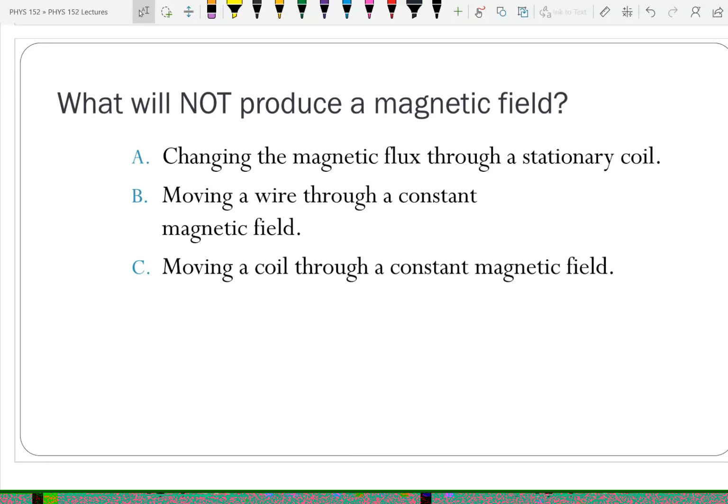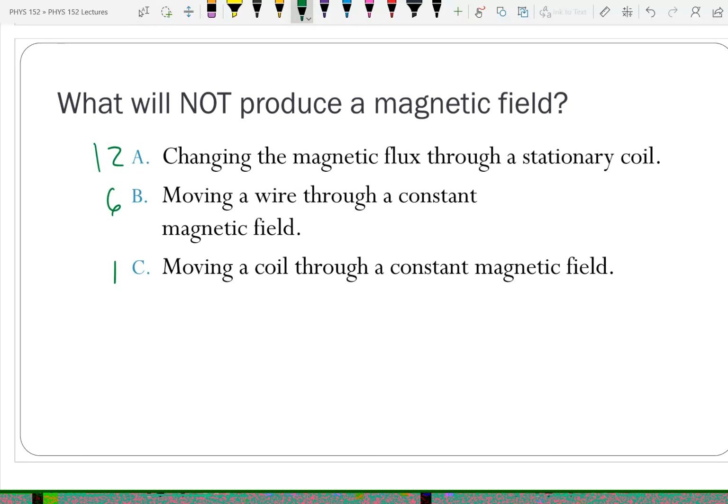So two of these will, one will not. Okay. We had 12, 6, and 1.